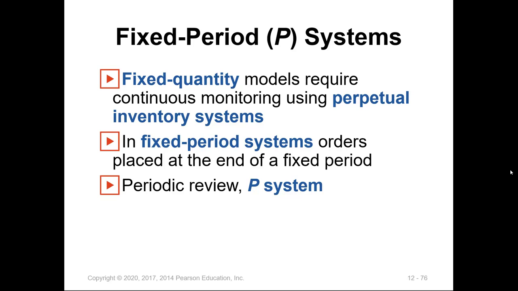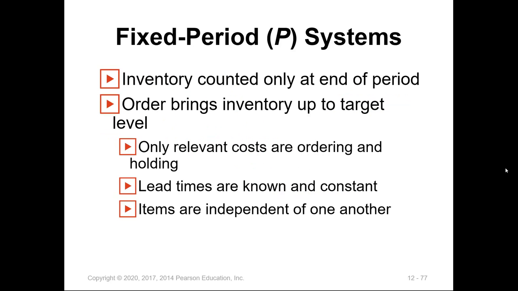In the fixed period system, which is also called a periodic review or P system, inventory is ordered at the end of a given period. Then and only then is inventory on hand counted. Only the amount necessary to bring total inventory up to the target level will be ordered at that point.